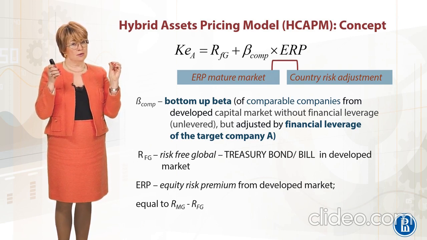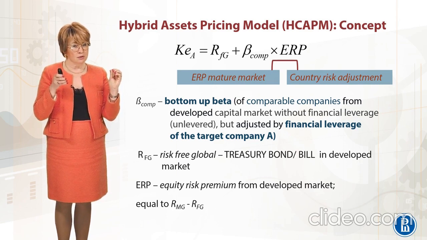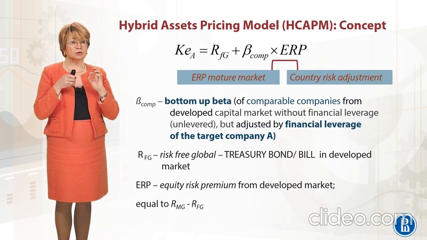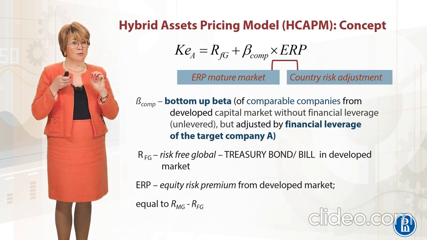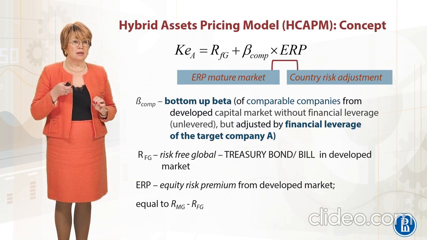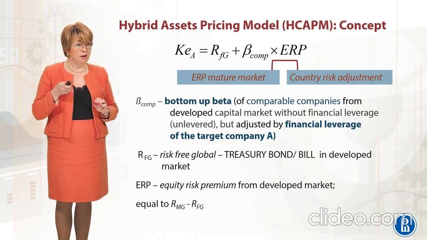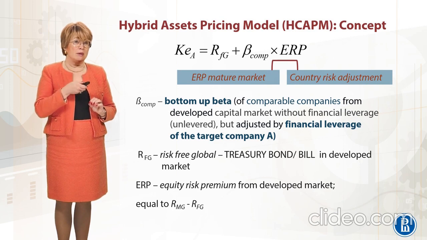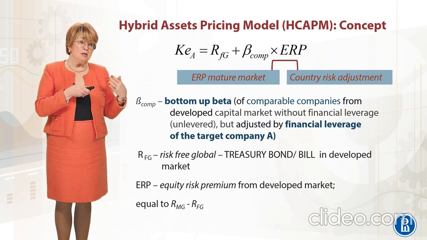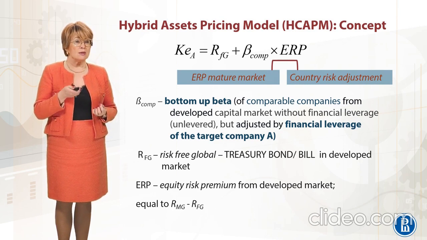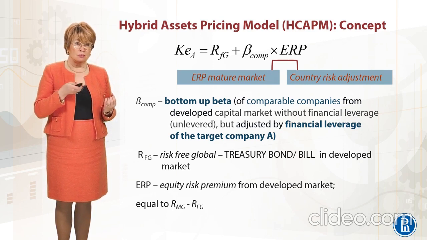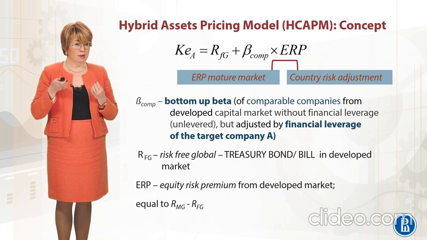That equation is a description of the conception, not just for computation purely. Next very important point: you see here the beta of comparable companies, and this is the bottom-up beta. Remember, a few steps before we arrived at this part of our class, we discussed true beta versus bottom-up beta.